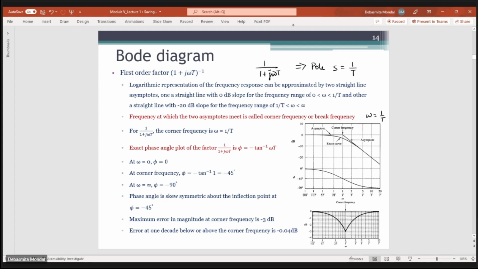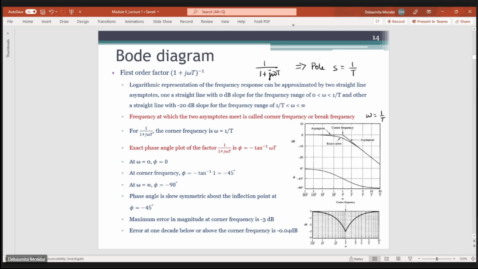So if your factor is 1 by 1 plus j omega t, then the corner frequency is omega equals 1 by t. The exact phase angle plot can be found out for different frequencies. Simply find the phase part of 1 by 1 plus j omega t.